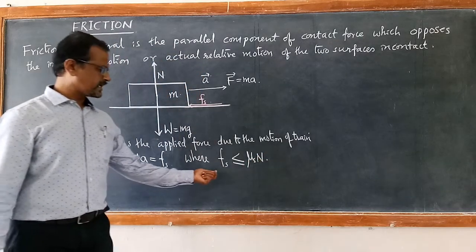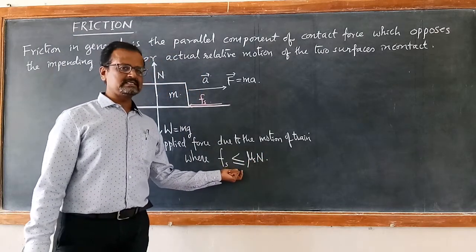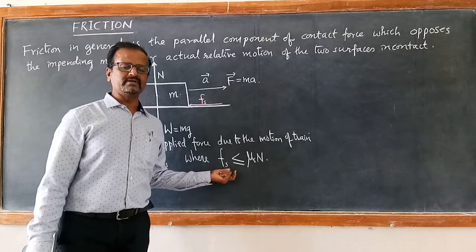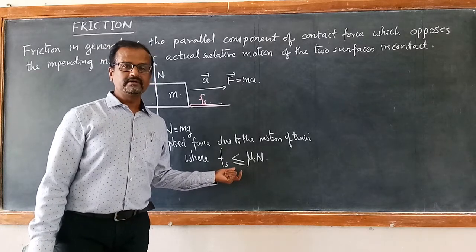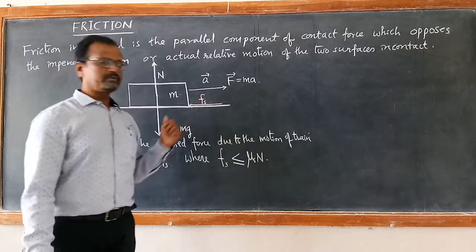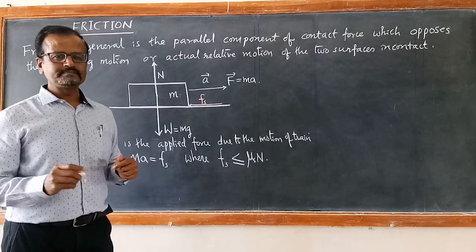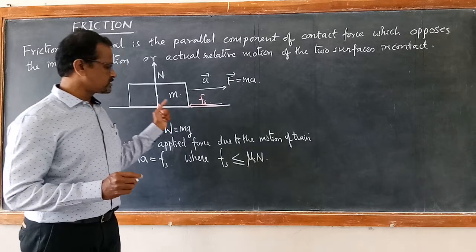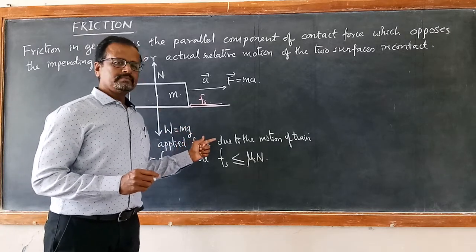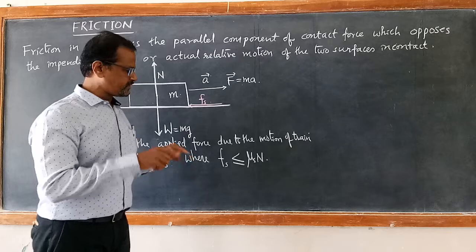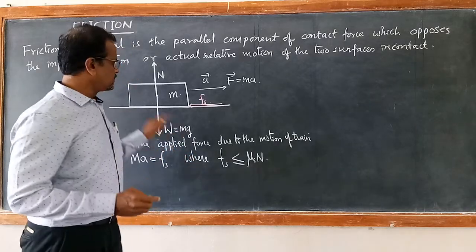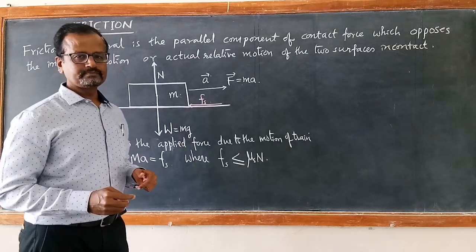For any value, static friction is always less than the maximum value, the limiting value of static friction. Then only the box would be at rest. The box doesn't move at all. If the applied force becomes exactly equal to Fs max and greater than that, then the box tends to move.